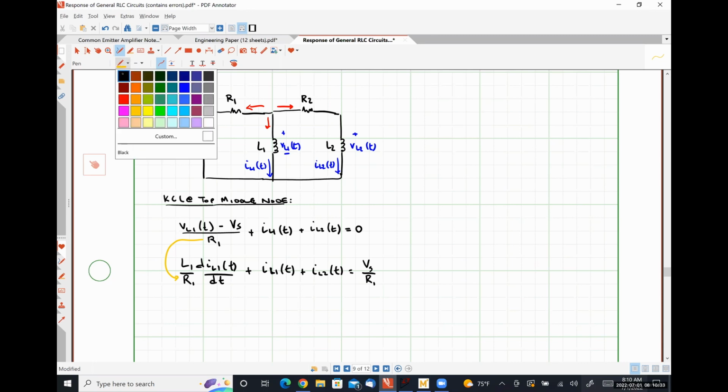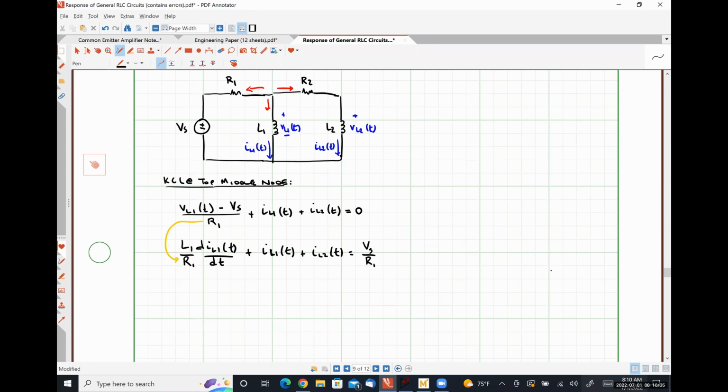Now I'm going to write Kirchhoff's voltage law equation around the right-hand loop. So my KVL equation is going to look like, so let me be specific about what I'm doing here.